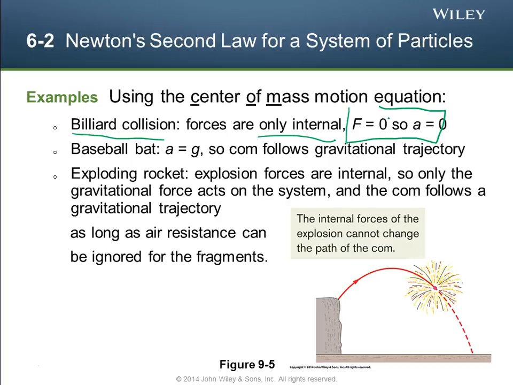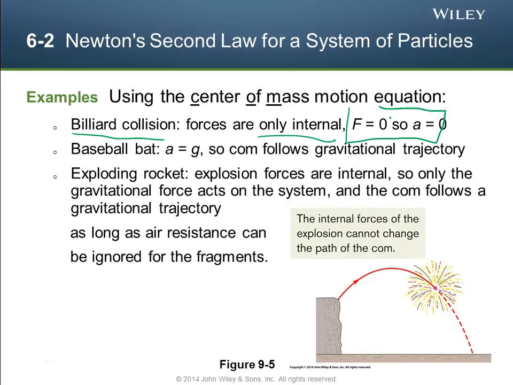So the acceleration of the center of mass of the system is going to remain zero. And so any collision and subsequent collisions after that are going to happen such that the center of mass, the center of all the masses of the balls, does not accelerate.